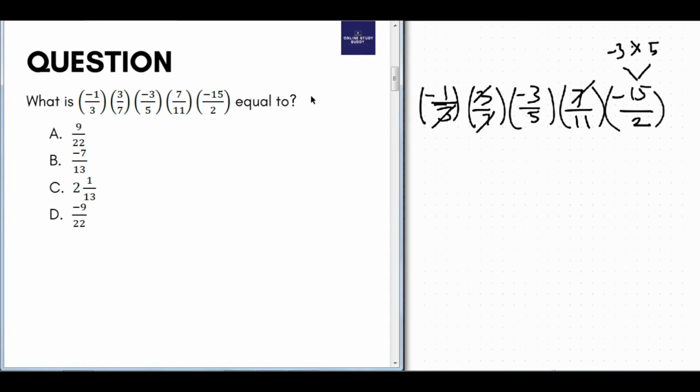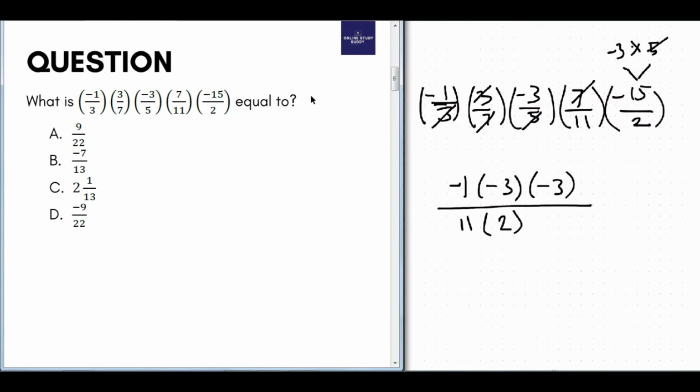So, ma-cancel pa natin yung 5 na extra sa taas at saka yung 5 sa baba. So, ang matitira sa atin sa numerator ay negative 1 times negative 3 times negative 3. Then, sa denominator, mayroon tayong 11 times 2.